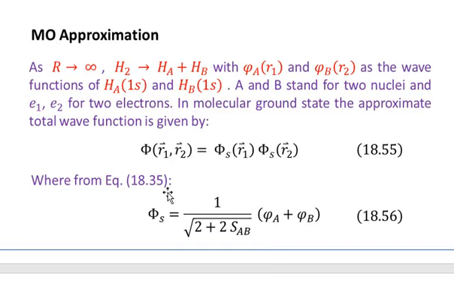From equation 18.35 of the previous lecture, the symmetric wave function was equal to 1 over square root of 2 plus 2 times SAB, multiplied by the parenthesis containing phi A and phi B. This is what we have written.